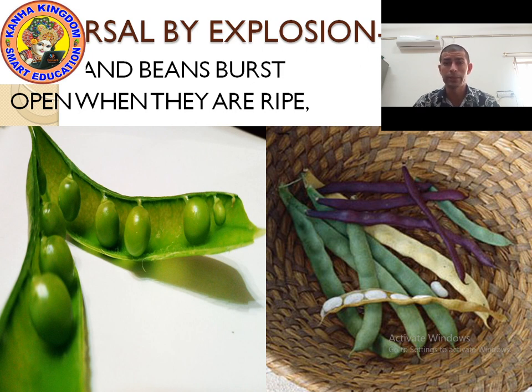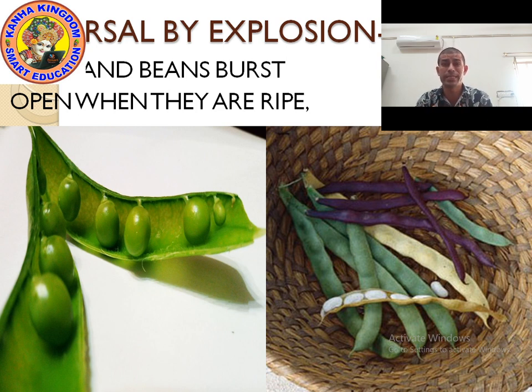How does it happen? When peas and beans, you can see the picture of peas and beans on the screen, completely mature, when they're ripe, what happens, dear kids? They burst open.